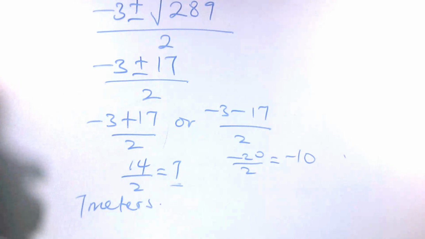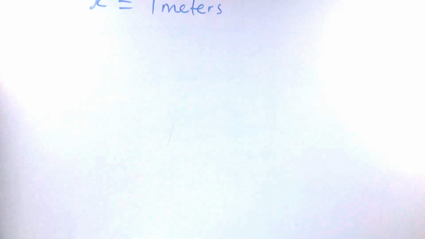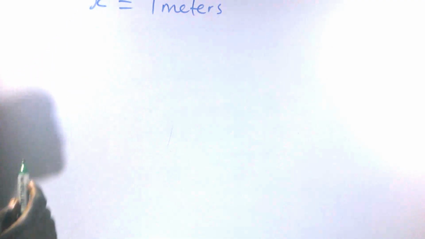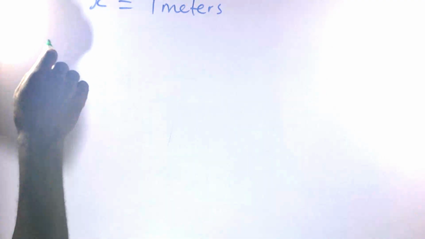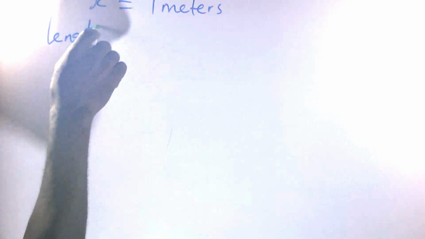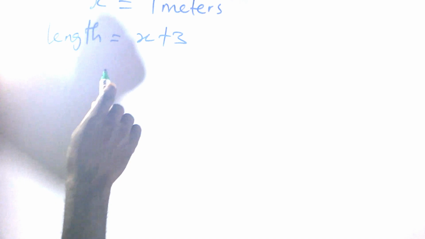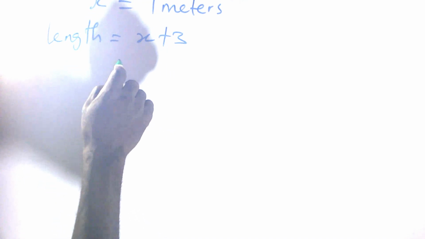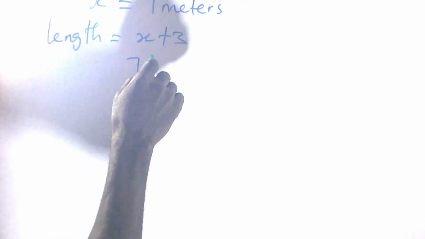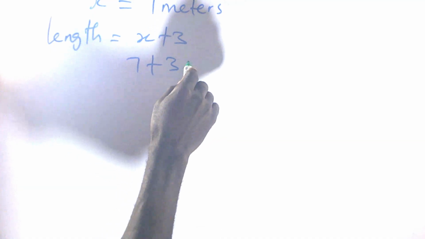Then we need to get the value for the length. We have gotten our x as 7 meters, which is the width. Now the length, which is x plus 3, will be 7 plus 3.